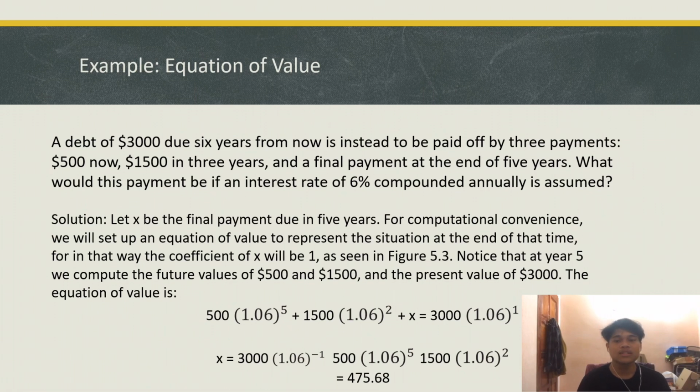So the solution is, let X be the final payment due in 5 years. For computational convenience, we will set up an equation of value to represent the situation at the end of that time. In that way, the coefficient of X will be 1, as seen in the figure. Notice that at year 5 we compute the future values of $500 and $1,500, and the present value of $3,000.